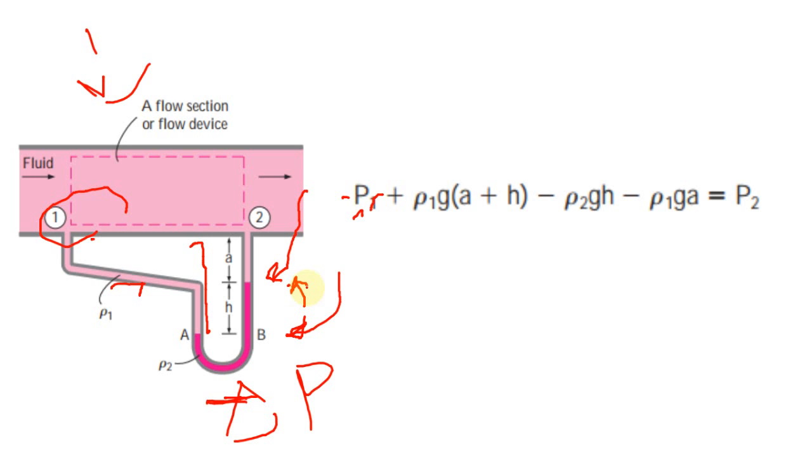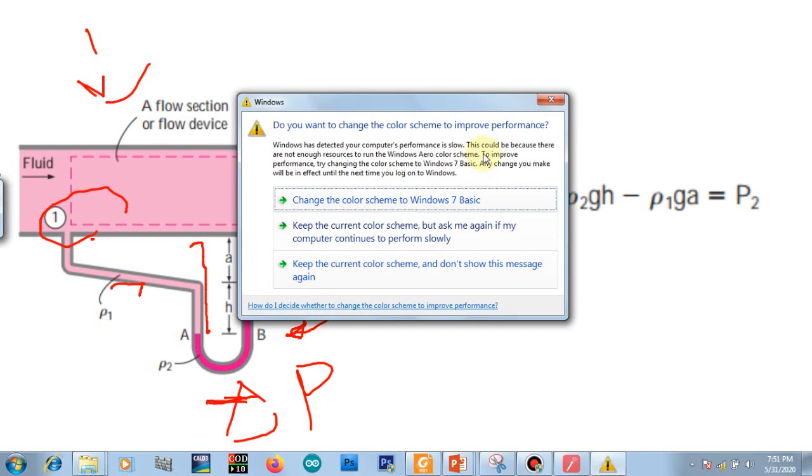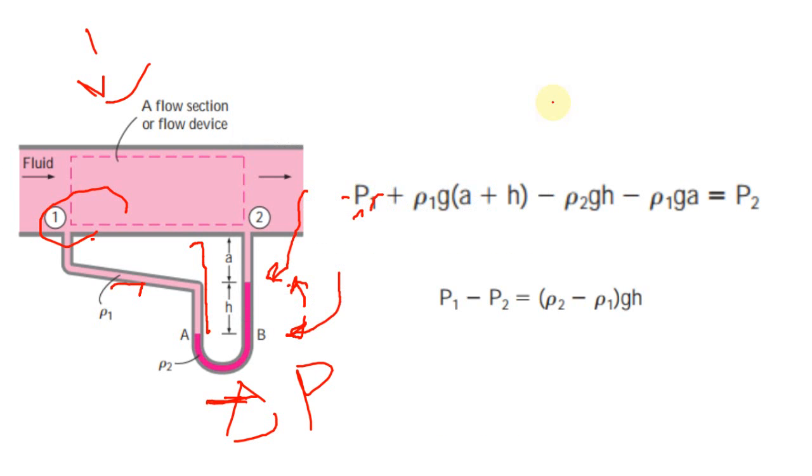So if you remember, the reason we have minus rho 2 g h is because we are going up, and the next move to point 2 would be minus rho 1 g a, which will be equal to P2. So rearranging this and solving for P1 minus P2, you will have this equation.